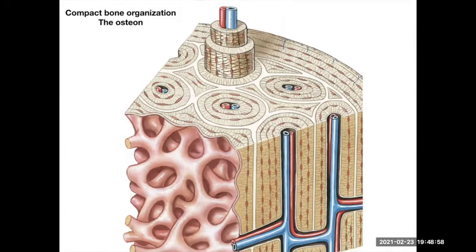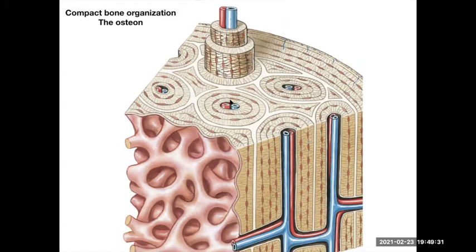But compact bone is made up of a whole bunch of these units, this functional unit of compact bone called the osteon, right? So all these little bullseyes in here that are running down the length of the bone, longitudinally right here, are called osteons, right?